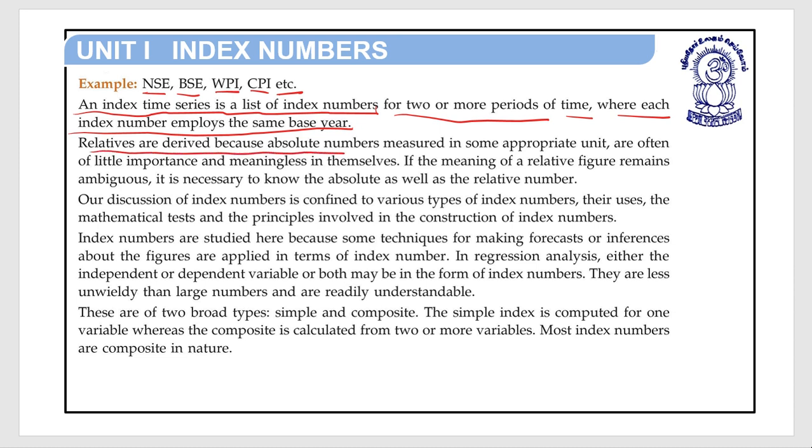Relatives are derived because absolute numbers measured in some appropriate unit are often of little importance and meaningless in themselves. If the meaning of a relative figure remains ambiguous, it is necessary to know the absolute as well as the relative number.